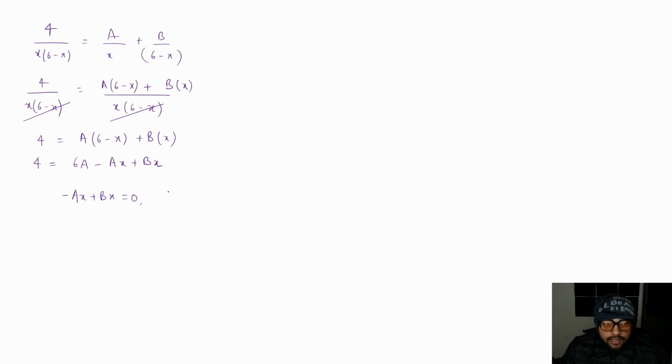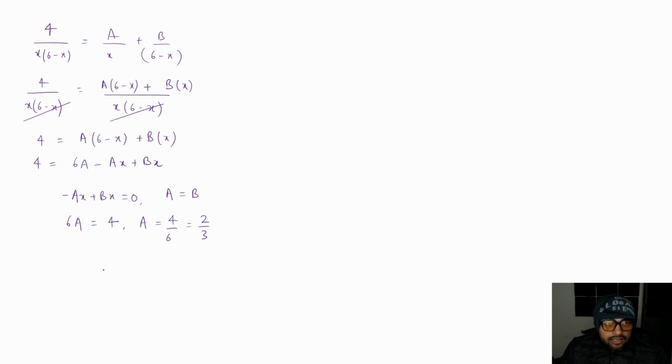From here we get a equals b. We are making the coefficients equal here, students. Now on the right hand side we have the term 6a, which equals 4 because both are constant terms. So a equals 4 by 6, which equals 2 by 3.